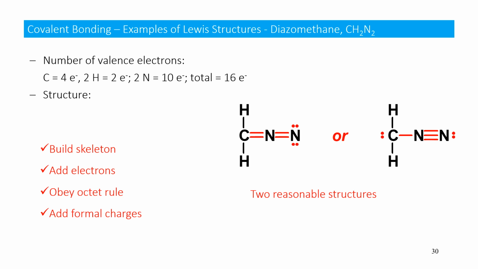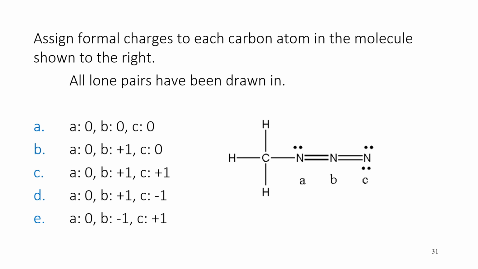The fact that we have two reasonable structures tells us that we have an idea that's called resonance. Note the difference in the formal charges. Resonance. So two viable Lewis structures from the same molecule. We will expand upon that by this particular problem set.